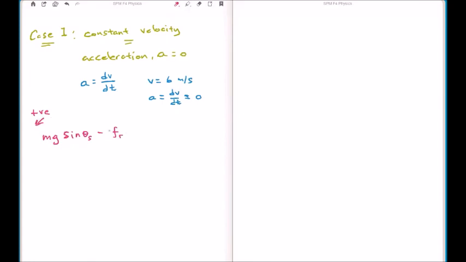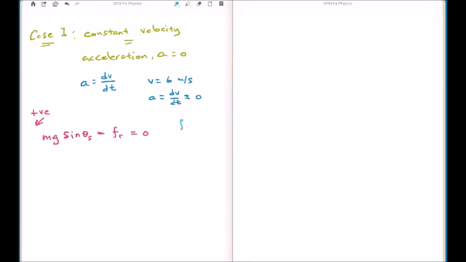That's why this is positive, and this is negative, because the frictional force acts in the opposite direction. When it's moving at constant velocity, the overall equation is equal to 0. Why is it 0? Because this is a force quantity, this is also a force quantity, force is equal to ma.